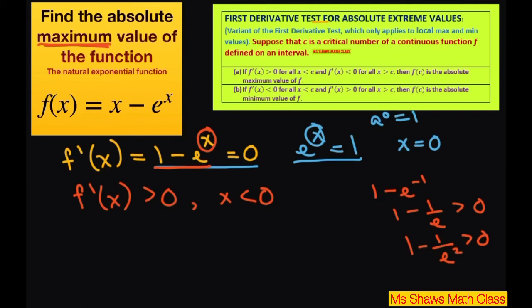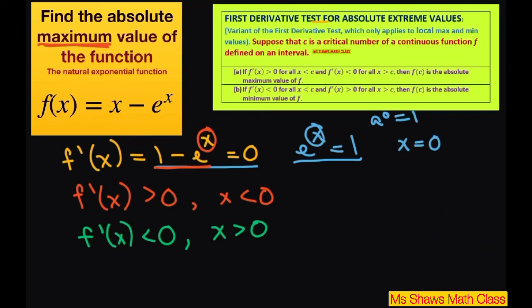So the opposite is going to happen: f prime of x is negative when x is positive. So when I plug in positive numbers, for example, 1 minus e to the first power, this is going to be negative.